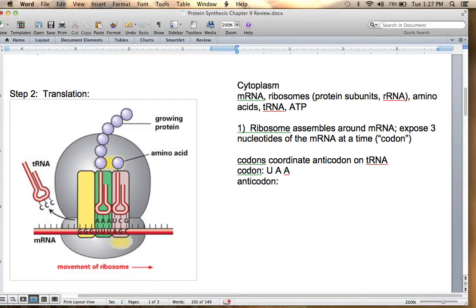Remember that uracil is a substitution for thymine, and according to base pairing rules, thymine binds with adenine. So the first nucleotide of the anticodon would be adenine, and then A binds with T, and then the second A would bind with T.